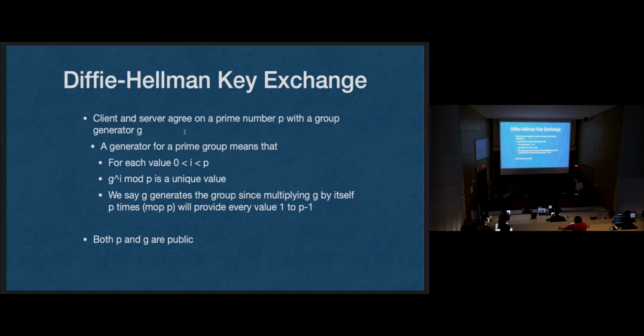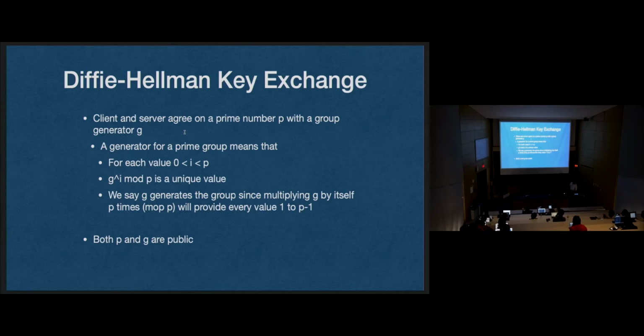With Diffie-Hellman Key Exchange, the client and the server are going to agree on two values, a prime number P and a generator G that generates a group. If you haven't taken advanced discrete math or algebra classes, which I'm sure probably 0 to 1 of you have, a prime number generating a group is like a 300-level math class.